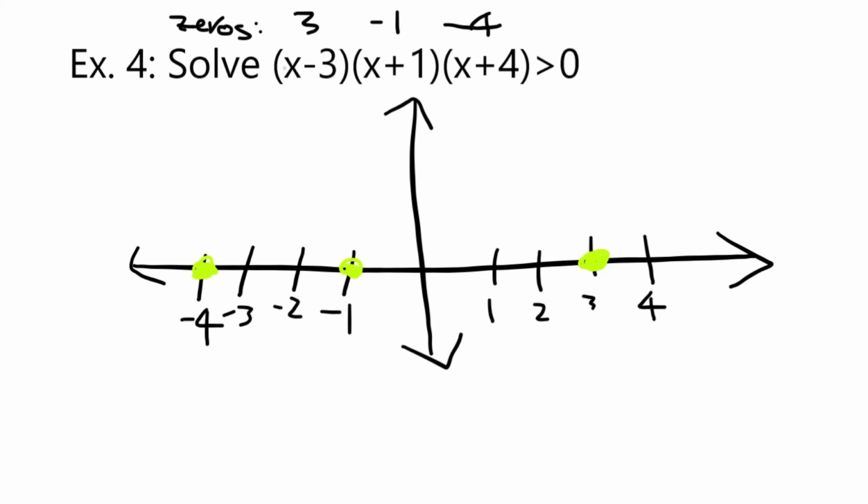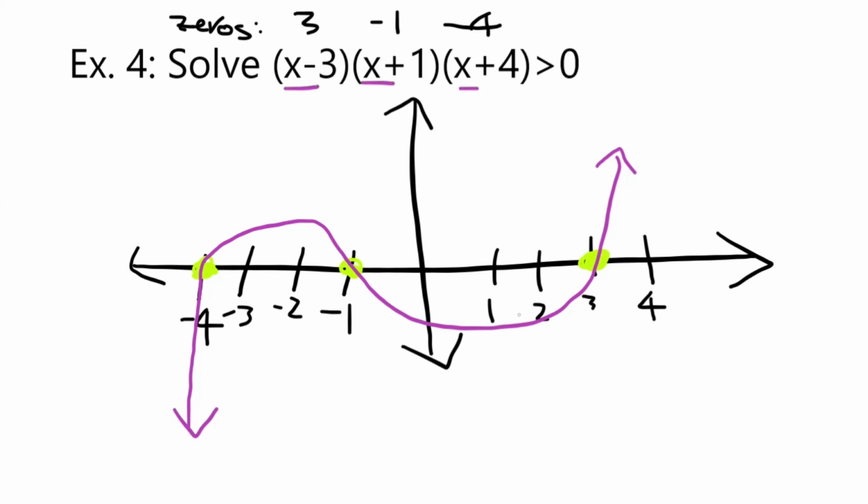Now we have our zeros. Now, judging by the information that's given here, you can tell that the graph is going to end up looking something like this. How do I know that? Well, we can see that there are 1, 2, 3 x's, meaning that it has a degree of 3.